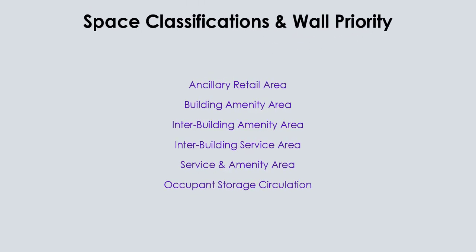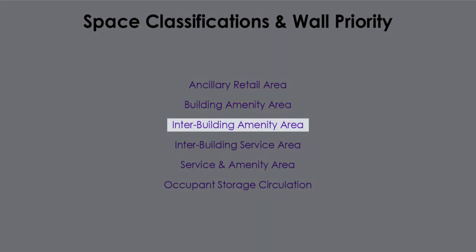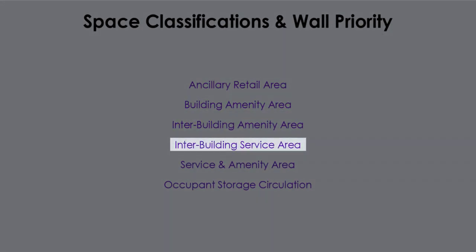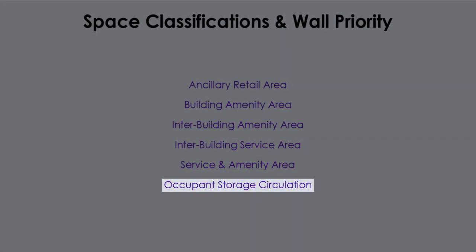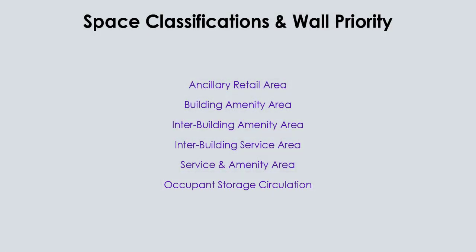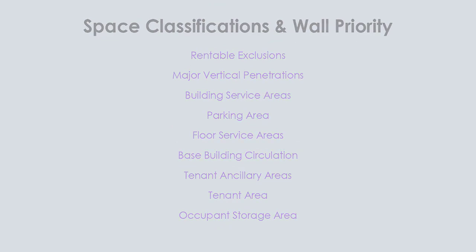The following less commonly used space classifications are discussed in another video, such as ancillary retail area, building amenity area, interbuilding amenity area, interbuilding service area, service and amenity area, and occupant storage circulation. But let's look at the more common space classifications in a little more detail.